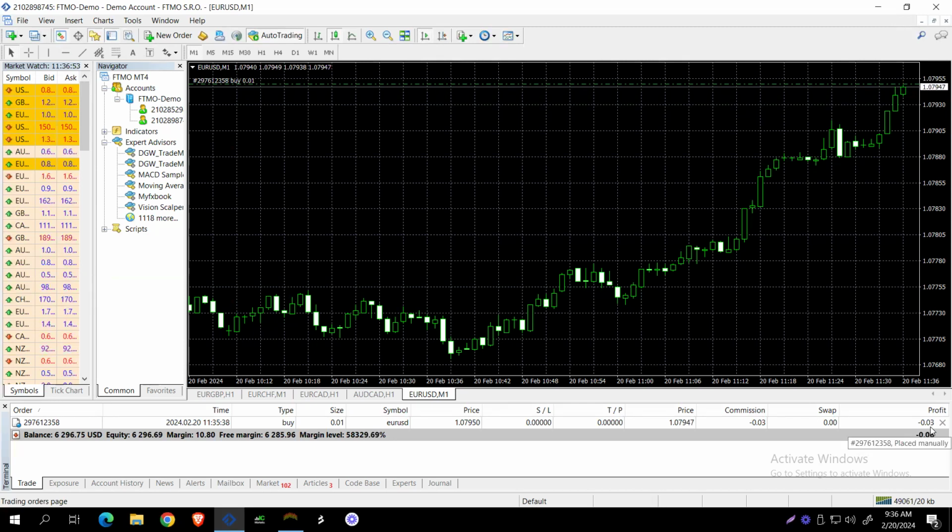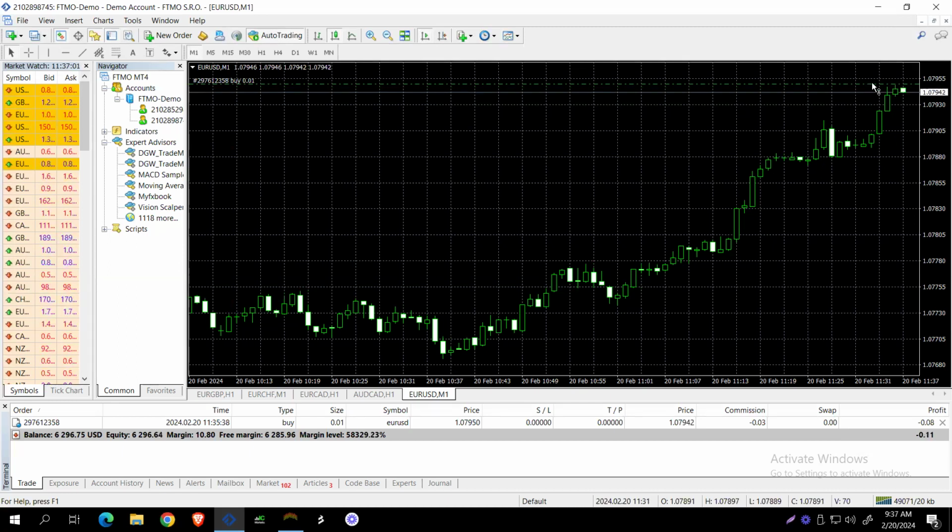But if this line goes above our market order, then we'll be gaining. This minus will turn to a plus sign. So now, since we've placed our first order, we are running at a loss.